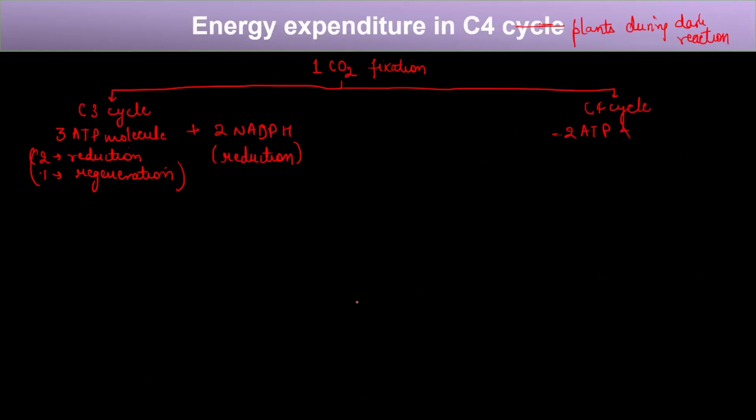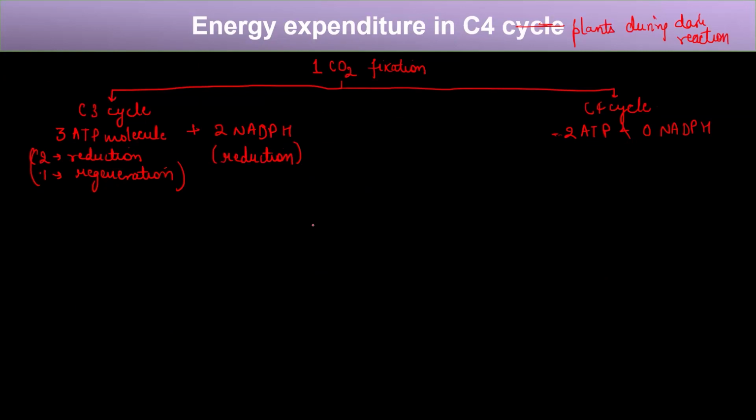So the net NADPH required in the C4 cycle is 0, because one is getting used up and then one is getting formed. So we need 2 ATP and no NADPH. Okay. So this is about one carbon dioxide fixation.